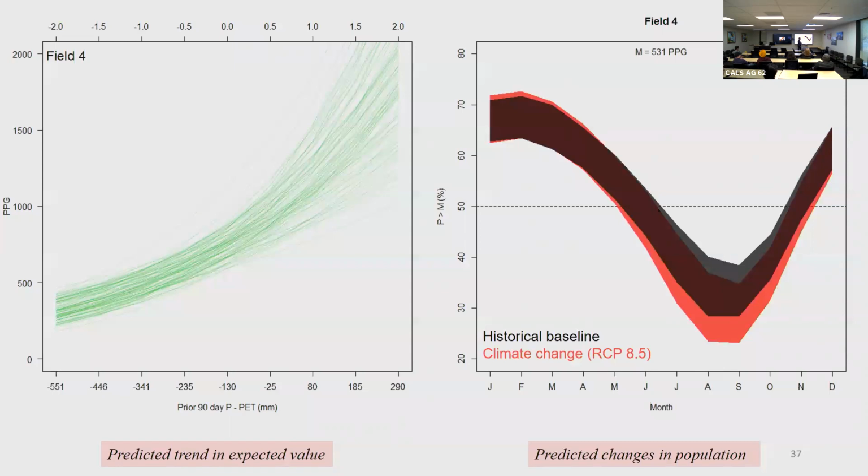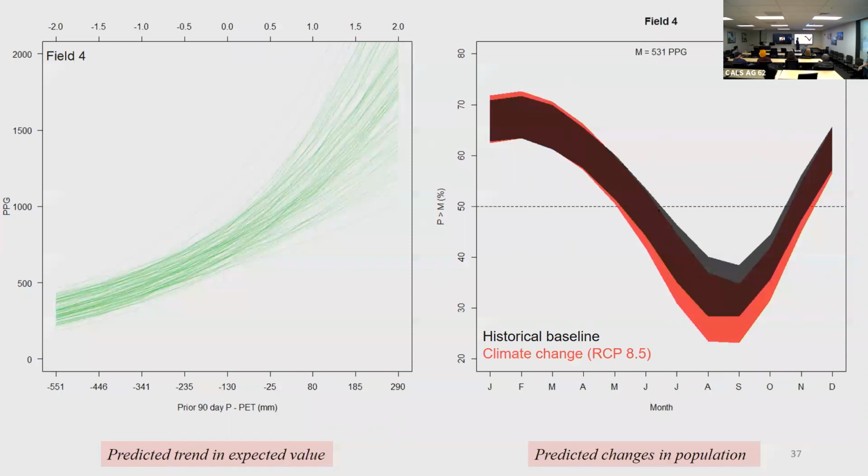530 propagules per gram. And we can look at each month and say that, okay, it turns out that in these winter months, 60 to 70% of the field would be above that median, whereas seasonally, in the fall, it ends up being lower. What we can do is use different data sets.